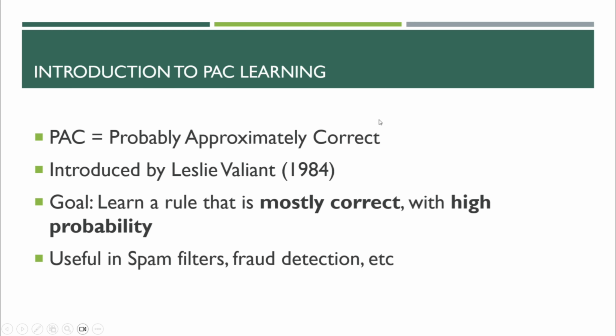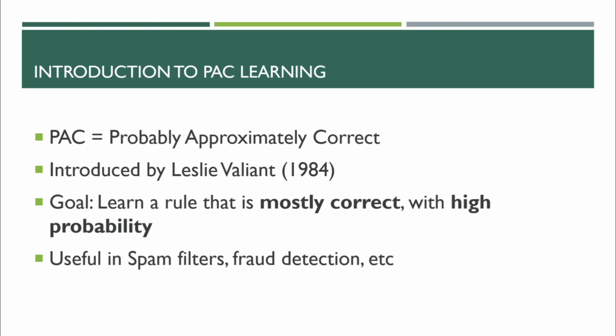So, introduction to PAC learning. PAC learning is a framework in machine learning introduced by Leslie Valiant, and it gives us a way to measure how good an algorithm is, especially when it learns from examples.